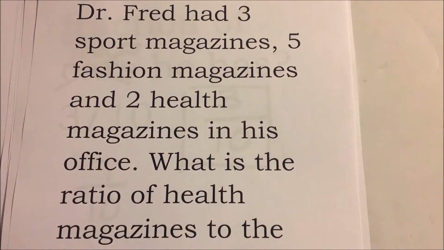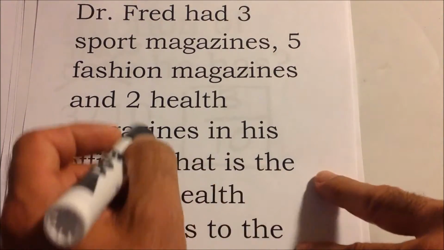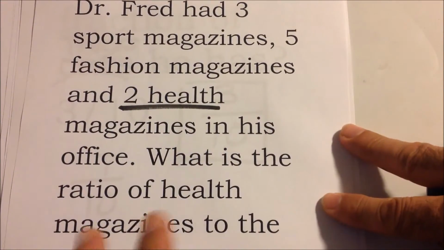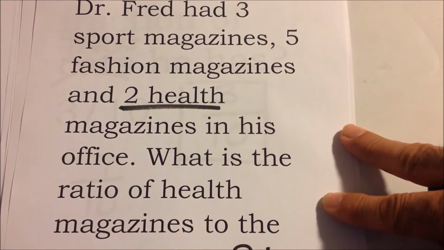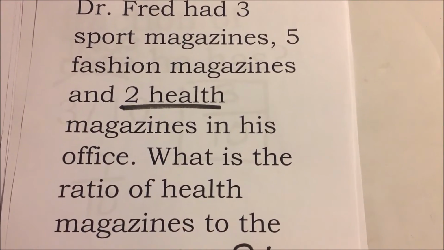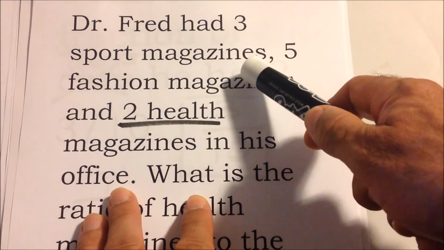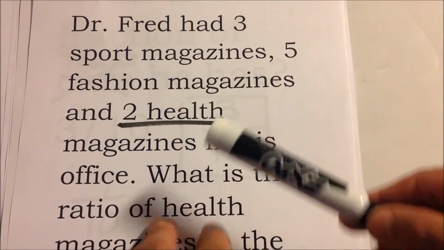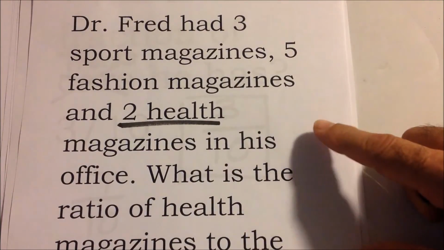So the ratio of health magazines. There are 2 health magazines, and that's what comes first. So we're going to use 2. Non-sport, magazines that are not sports. Well, he has 3 sport magazines, and the rest are non-sport magazines. So there's 5 fashion and 2 health. That's 7 non-sport magazines.